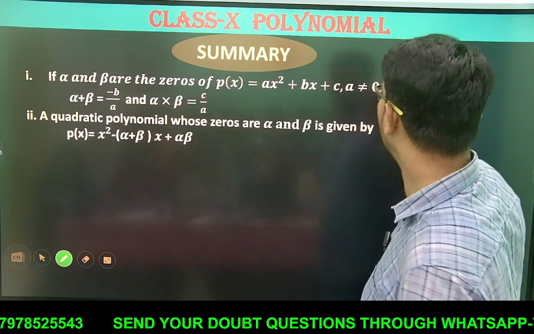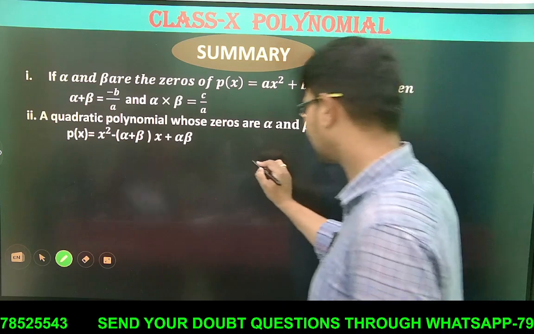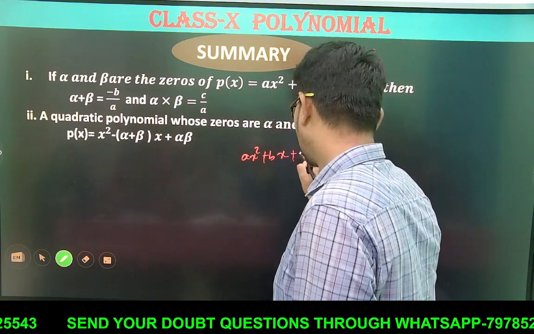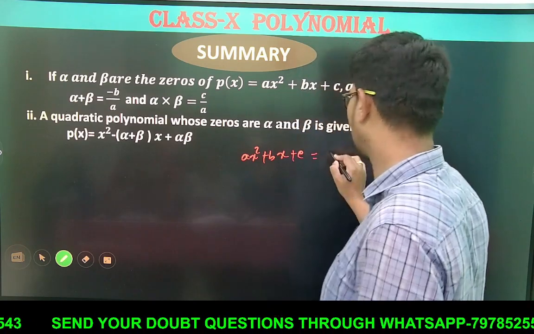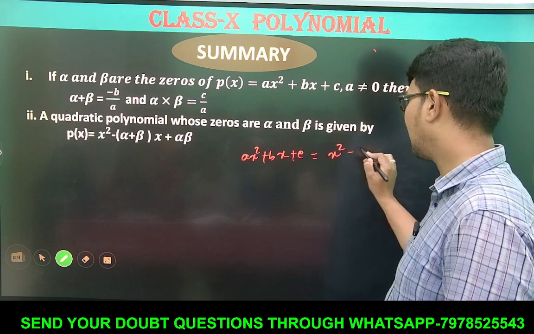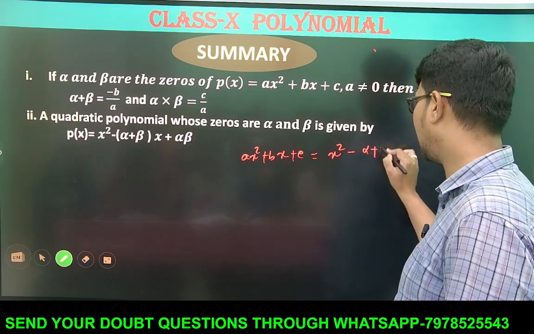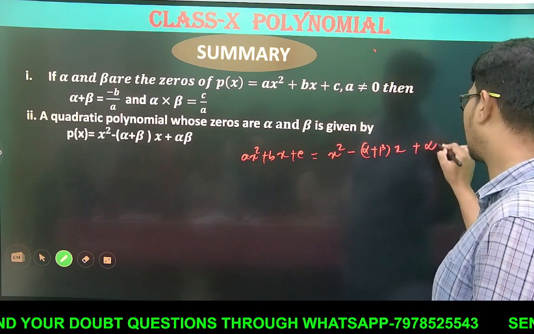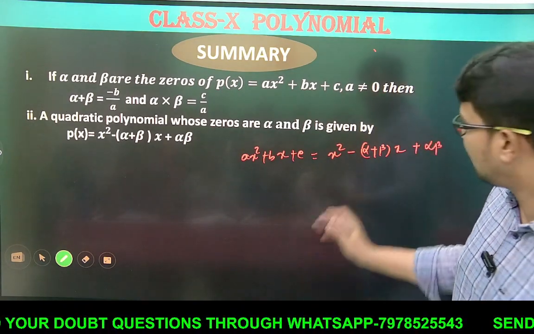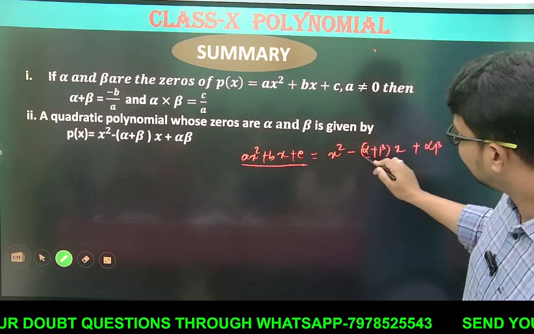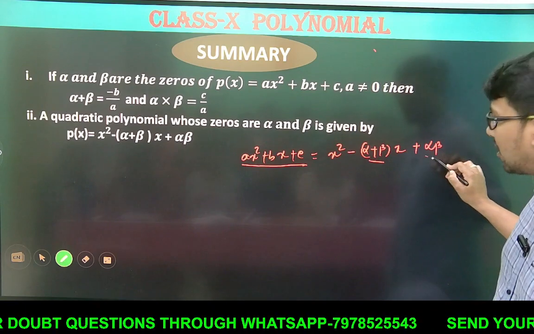During the derivation time, I have taught you ax square plus bx plus c is equal to x square minus alpha plus beta into x plus alpha beta. We have written or not? So by comparing here, check, this is the polynomial, this is the zeros, sum of zeros, product of zeros.